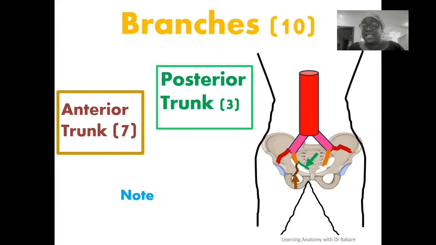Most of these branches will be seen to give off branches to supply viscera or organs that are located within the lesser pelvis or the true pelvis. While some of these branches will be seen to exit the pelvic cavity, and will be supplying regions outside that space, some of them will exit the pelvic cavity but still give off branches within the pelvic cavity. So it's good for us to take note of this.